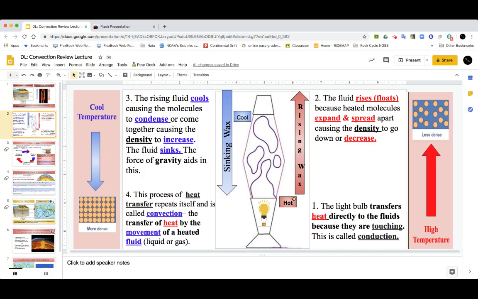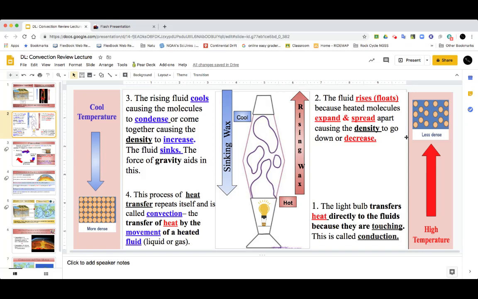So why is it that the wax rises? Let's start with that. Well, the bottom of the lava lamp is hot because that's where the light bulb is. The fluid rises because heated molecules actually spread apart from each other and expand, much like if you could envision the molecules and you could see them. Look at this picture to the right of the slide.